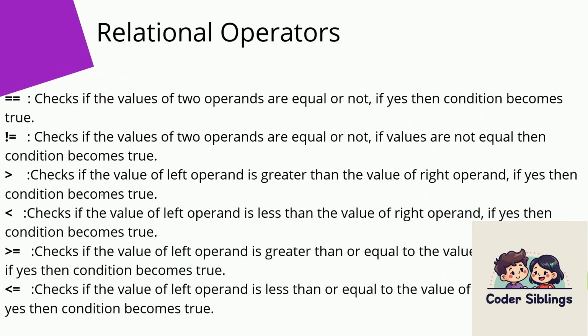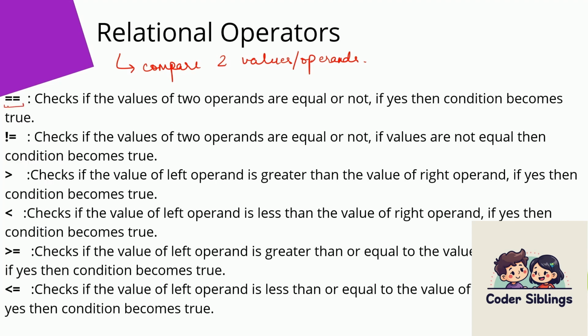Okay, so moving on to relational operators. What are they? Relational, as the name suggests, they are used to compare two values, or it can also be operands. Like as we discussed here, this is the equal to comparison operator.